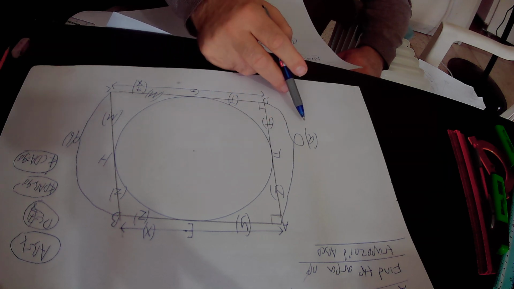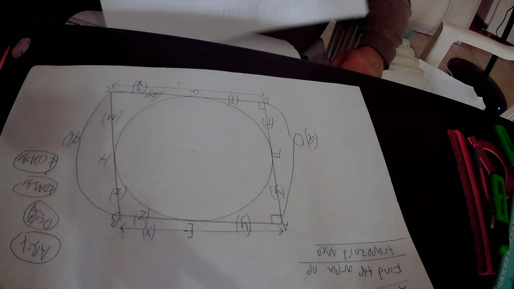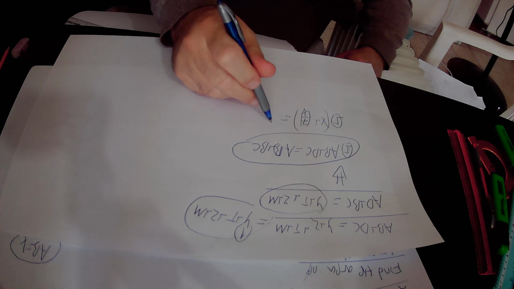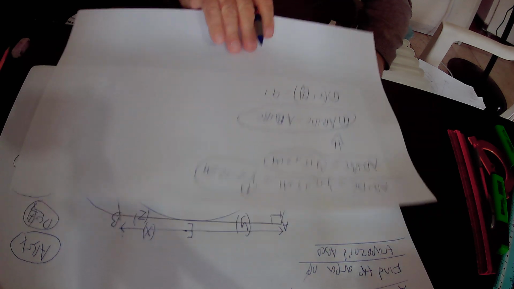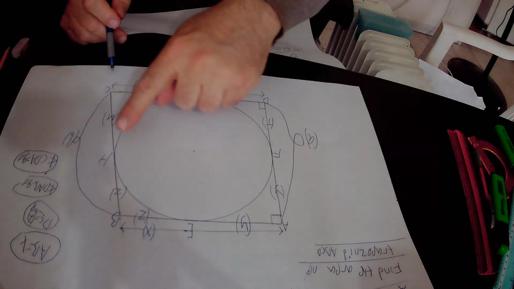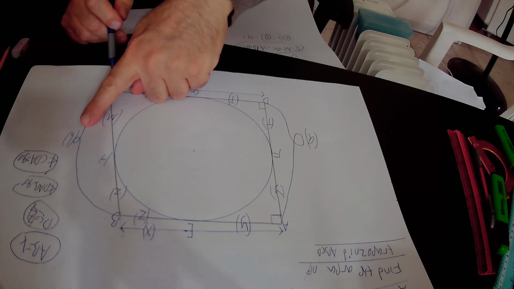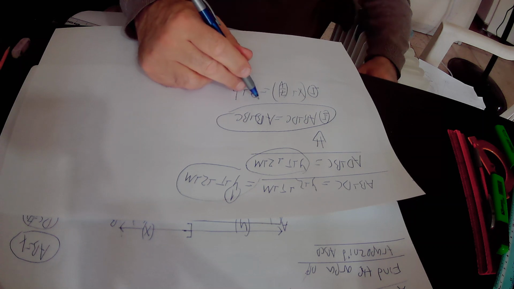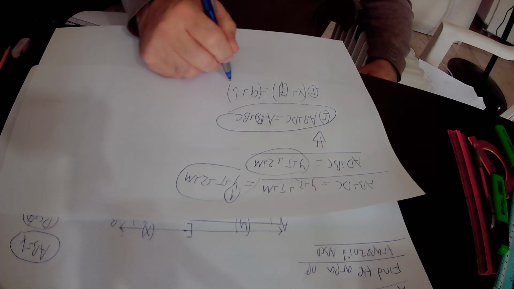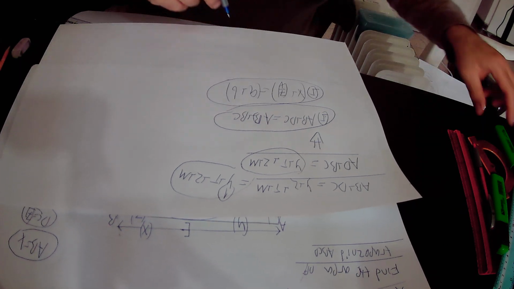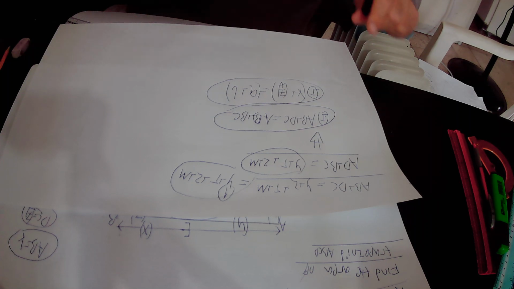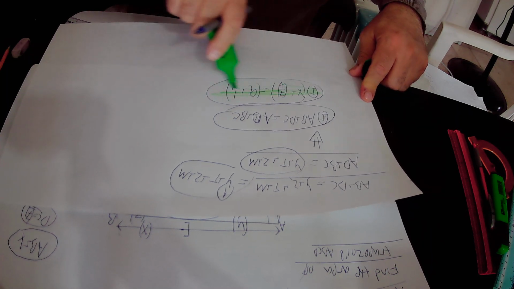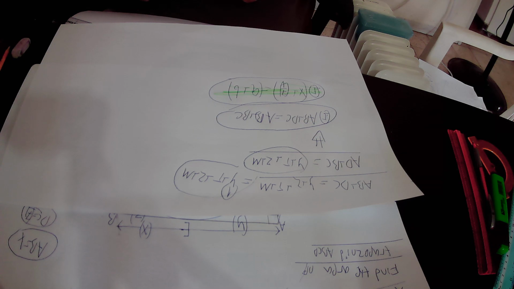AD equals A according to our definition, plus BC. BC equals B according to our definition. So in total, according to equation 1, we found out that x plus 7 over x equals A plus B.